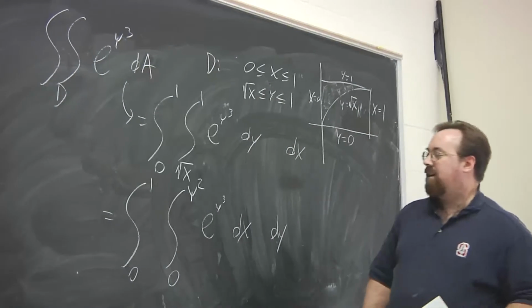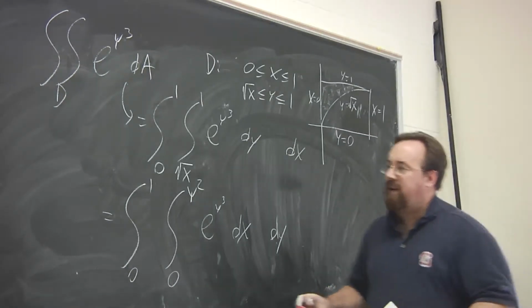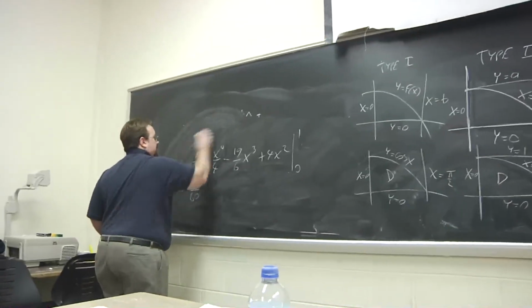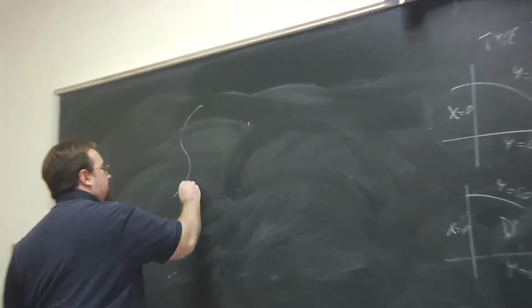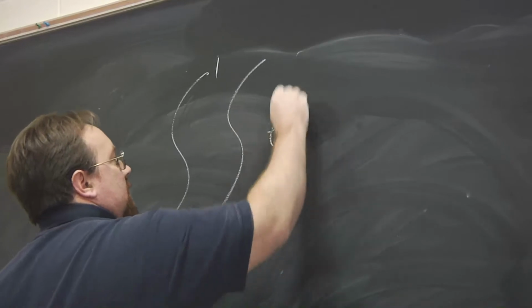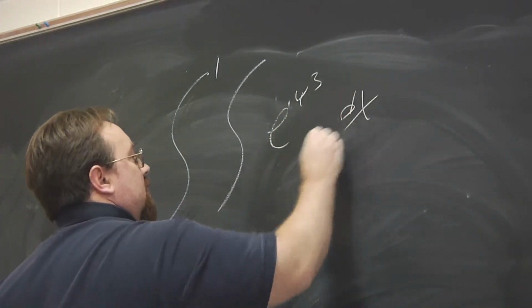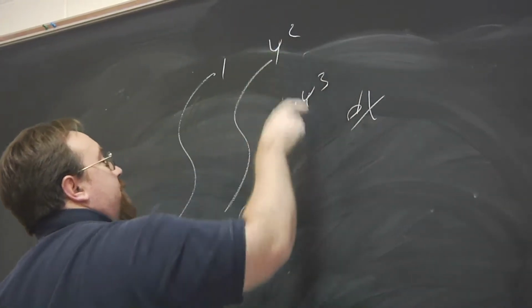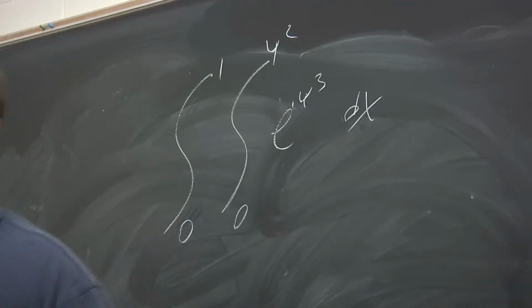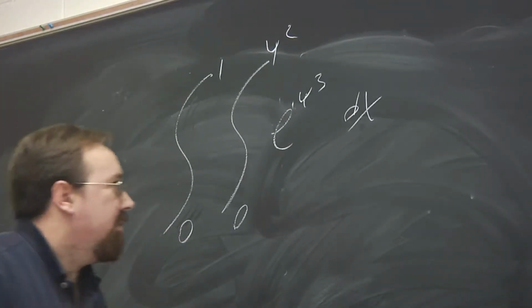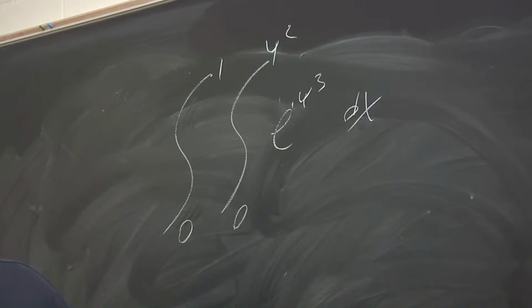dx. So now let's try doing that. So we're integrating e to the y cubed with respect to x. Well, this actually turns out to be very easy to do. What does it turn out to be?